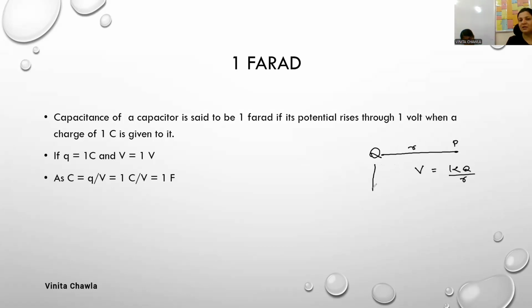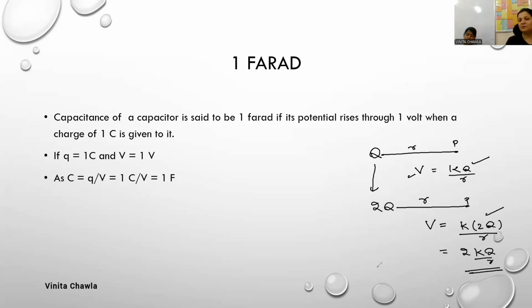So if we increase the charge to 2Q, then at the same point, if we find the potential, then it is K 2Q by R. So it's 2KQ by R. So if we increase the charge, then potential also increases. Yes, so charge and potential, they are directly proportional. है ना? Therefore, we write Q is proportional to V. And we write Q as CV.